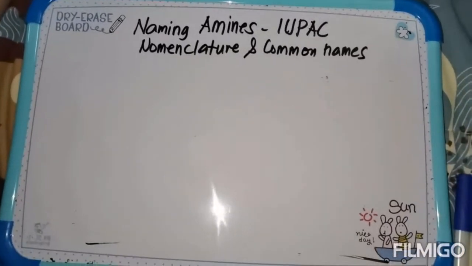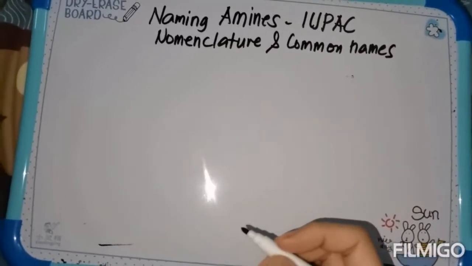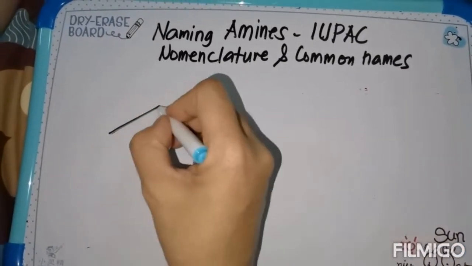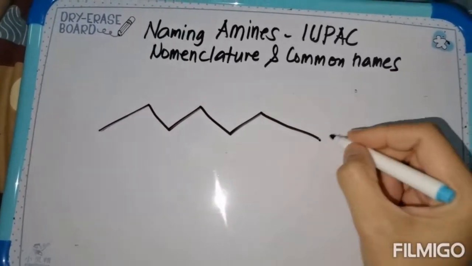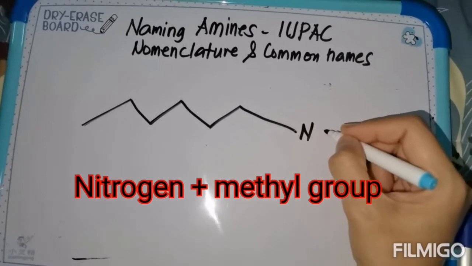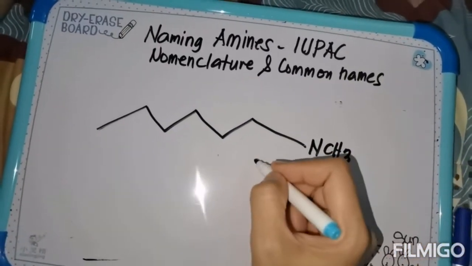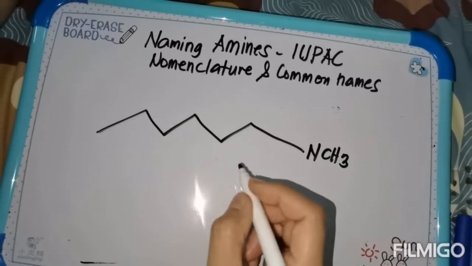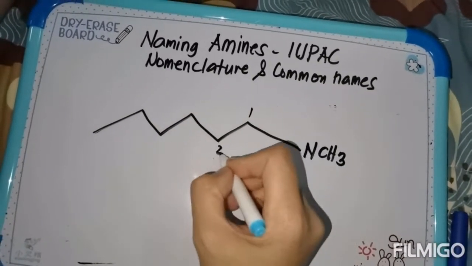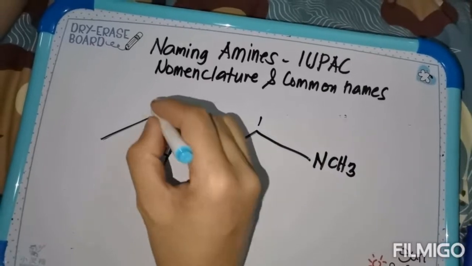What if we have more functional groups attached to a long carbon chain? So we have a nitrogen attached with a methyl, and we have a bromo attached to carbon 4: 3, 4, 5, 6.